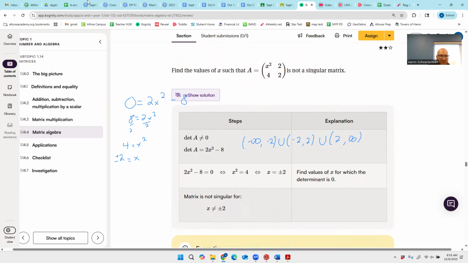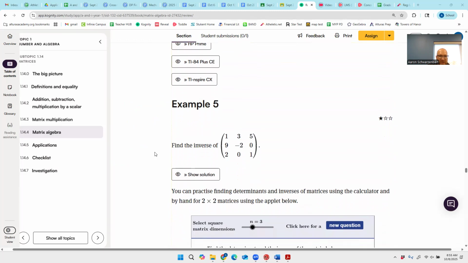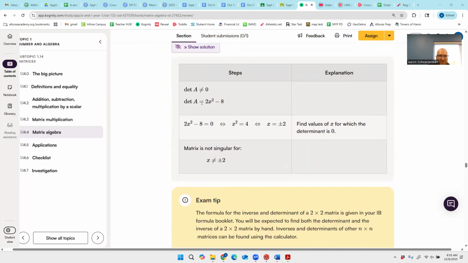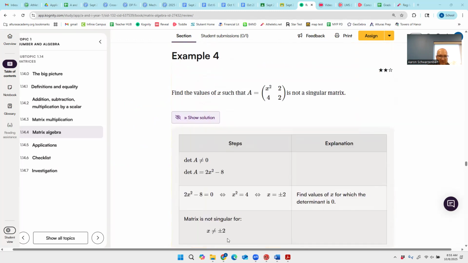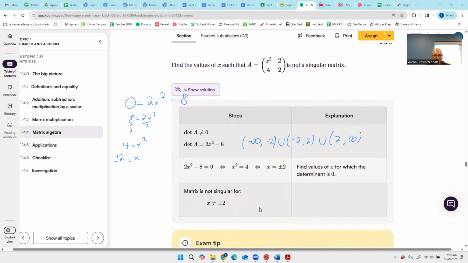IB is fine with that. I made you guys do interval notation in pre-calc to make you learn it. Well, I just put x as, that's what I just wrote out. How is that interval notation? Oh yeah, okay, that's the same. IB will take you there.